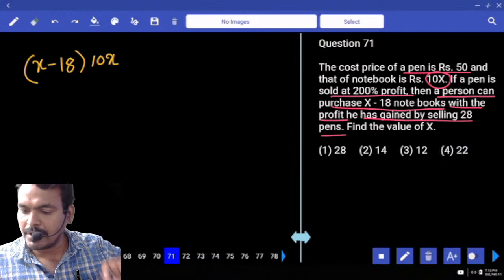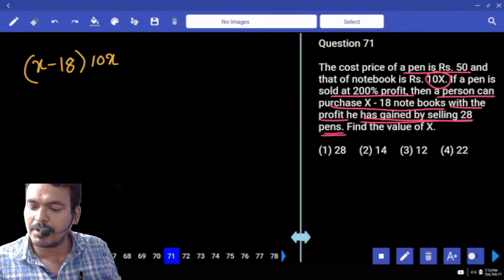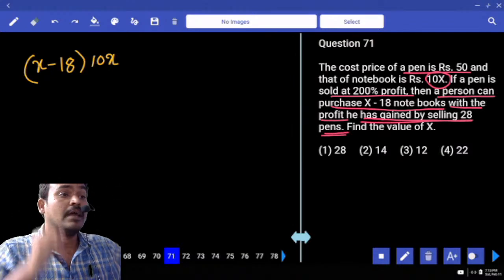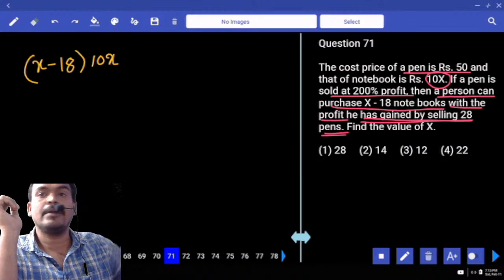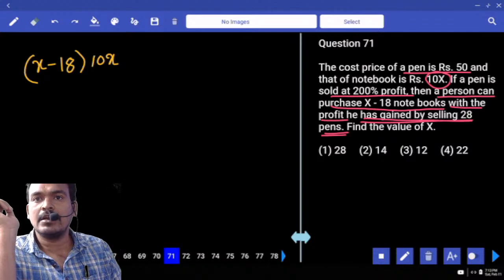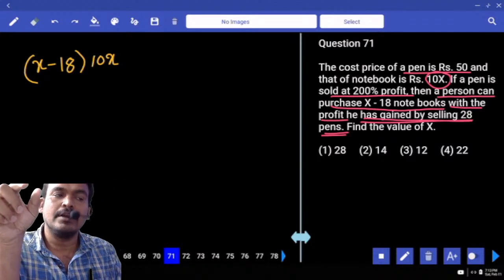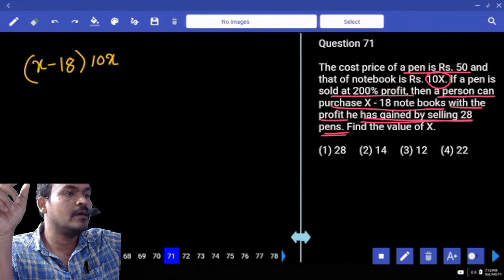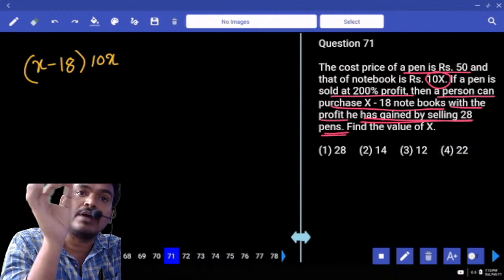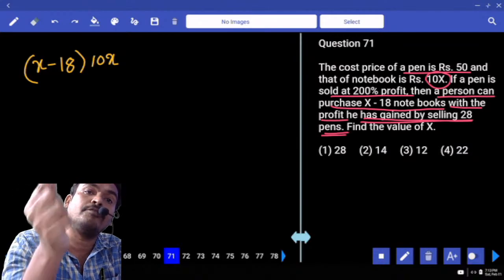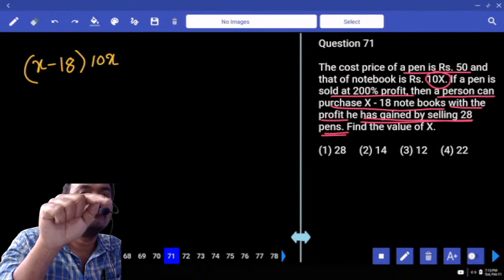With the profit he has gained by selling how many pens? 28 pens. Every pen, how many rupees profit? 100 rupees. 28 pens, 2,800. So with that profit he purchased x minus 18 books. Means x minus 18 books cost price is equal to the profit of 28 pens.